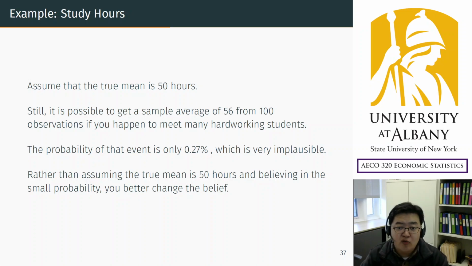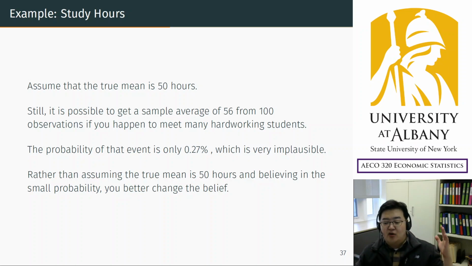But now what you need to think about is, to understand it this way, to think about this chance, you have to meet a lot of hardworking students. How likely is that? That percentage can be calculated. That is 0.27%. You have to meet hardworking students many times, which is unlikely.